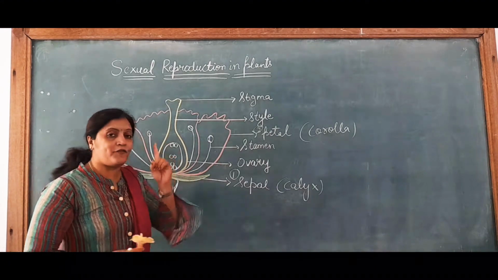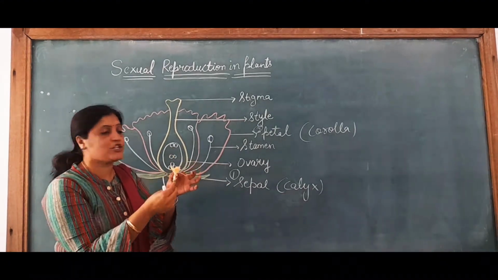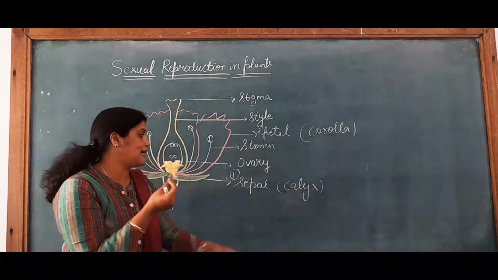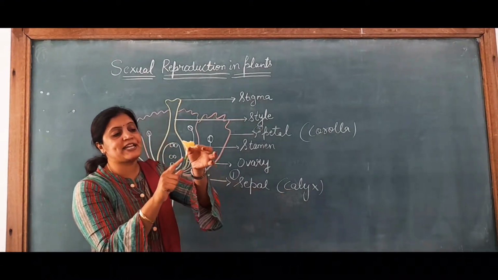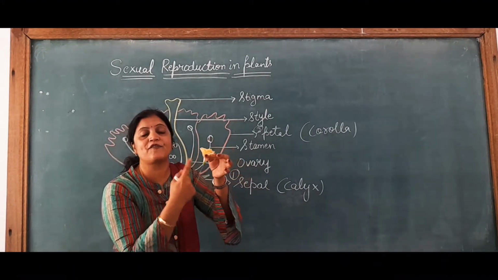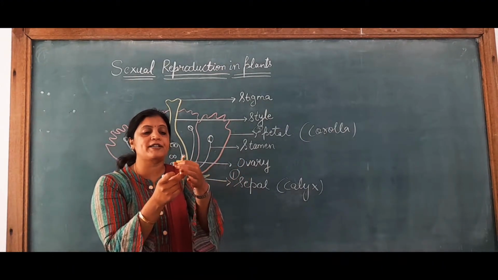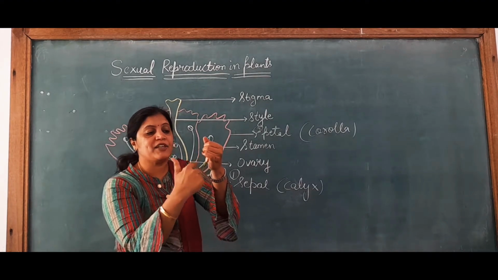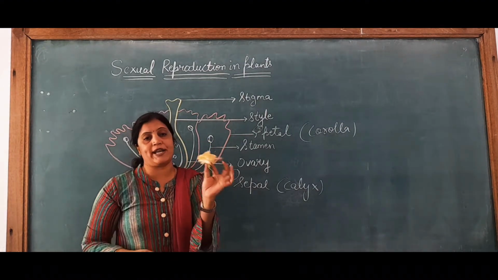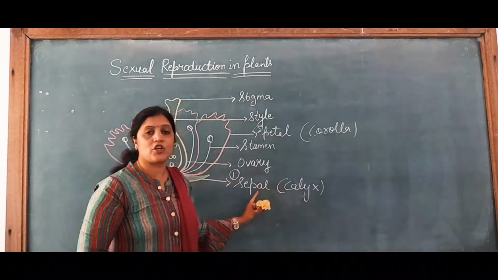What I explained: the first part is this green part, which is called sepal. Collectively, the sepals are known as the calyx. It is the outer part. What is its function? It helps to protect the flower. When the flower is a bud, it covers and protects the bud. This is the function of the sepal.